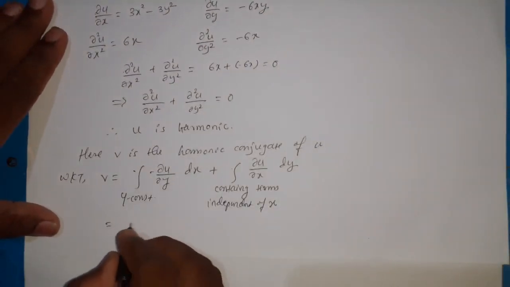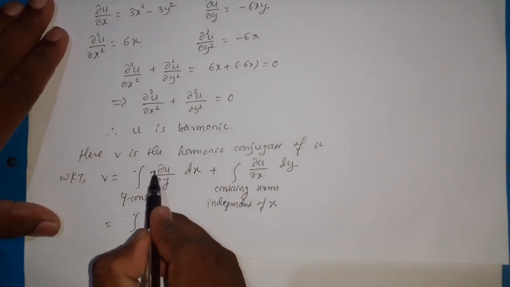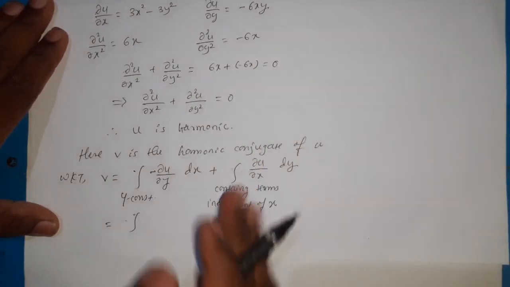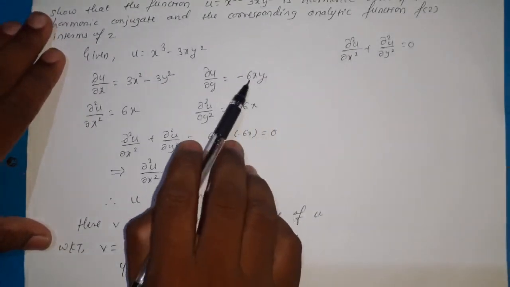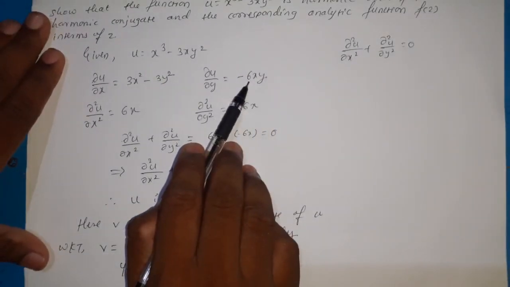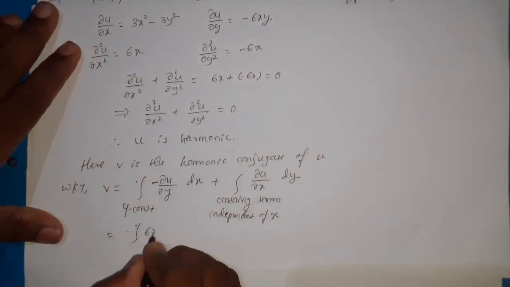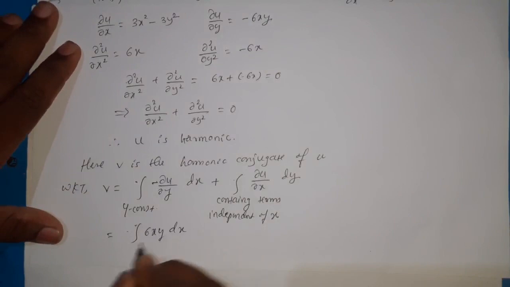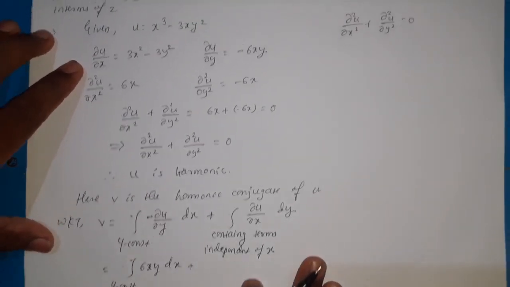Then this is equal to integration of ∂u/∂y. This minus is there in the formula itself. So ∂u/∂y is minus 6xy. So therefore minus of ∂u/∂y will become plus 6xy into dx, treating y as constant, plus, and ∂u/∂x.